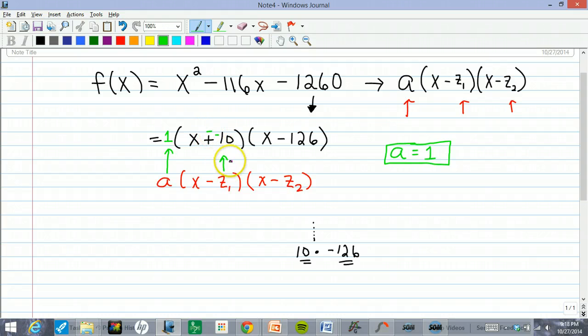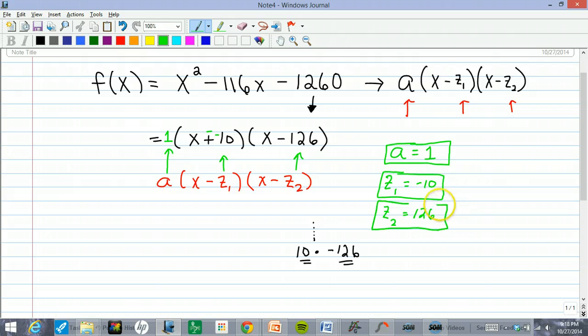So z1 is negative 10, one of our zeros. Think about that. If you input negative 10, plus 10 makes a 0. And this has the exact form we're looking at, so z2 is 126, our other zero, our other x-intercept.